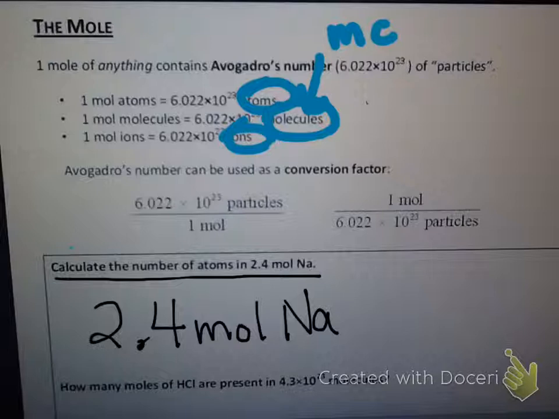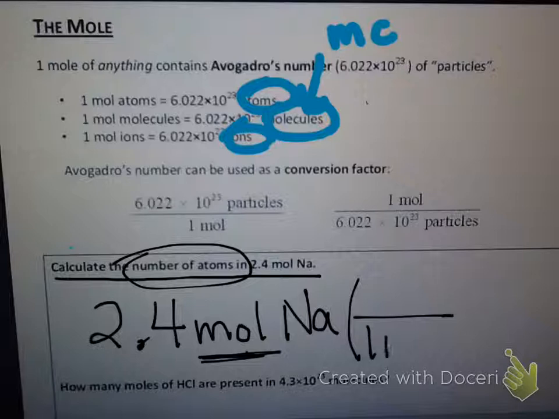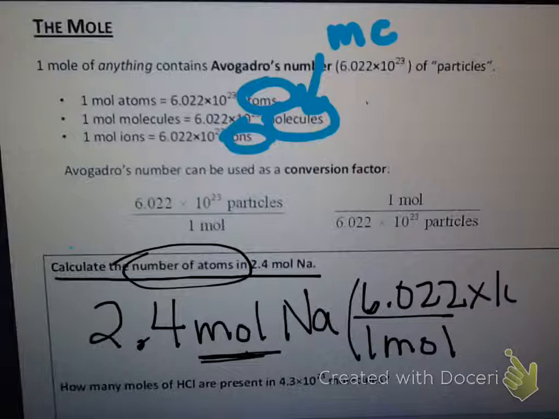So if we want to know the number of atoms, and we're given the number in moles, then we're going to convert moles to number of atoms. 1 mole of anything, we know, is 6.022 times 10 to the 23rd of anything. So 1 mole of sodium equals 6.022 times 10 to the 23rd atoms.